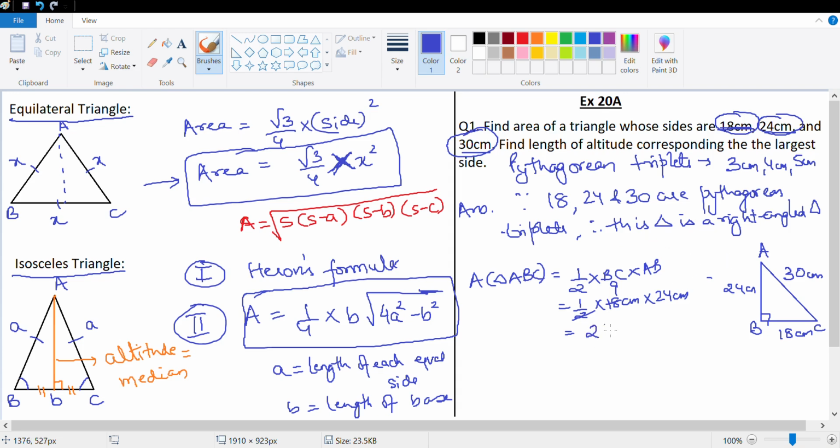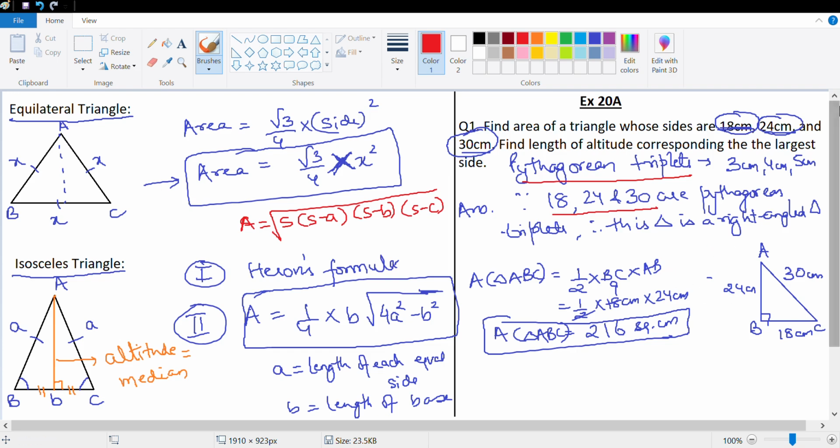That's 216. So 216 square centimeter. That's the area of triangle ABC. That's the first part of the question that they wanted. We've done that. So I repeat, we started by saying that this is a Pythagorean triplet because this is in the ratio 3:4:5, and now we calculated it using the half into base into height formula. Next, find length of the altitude corresponding to the largest side.